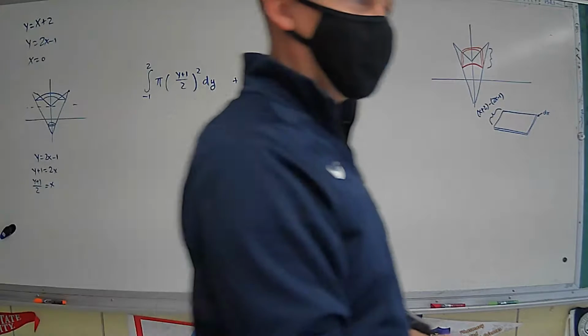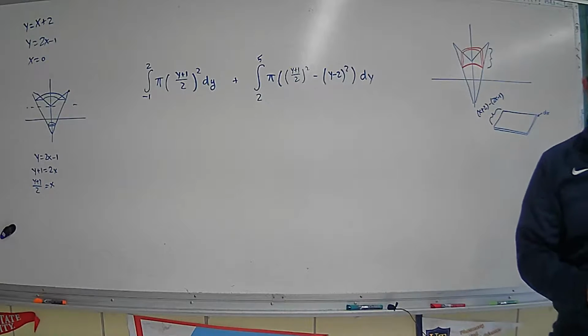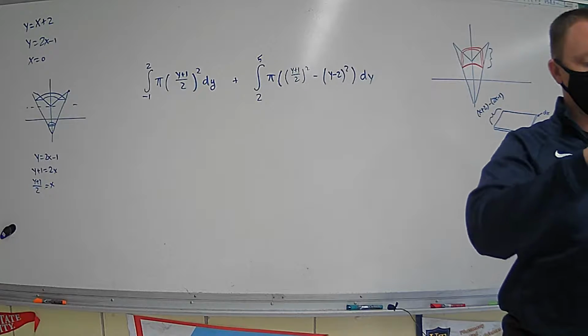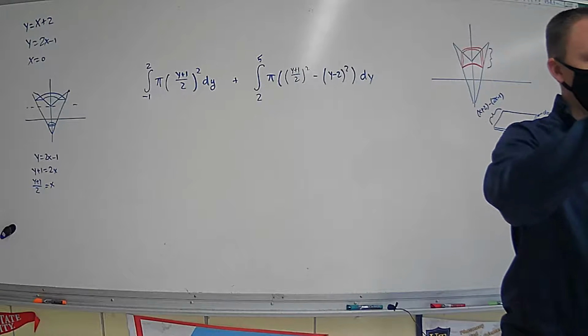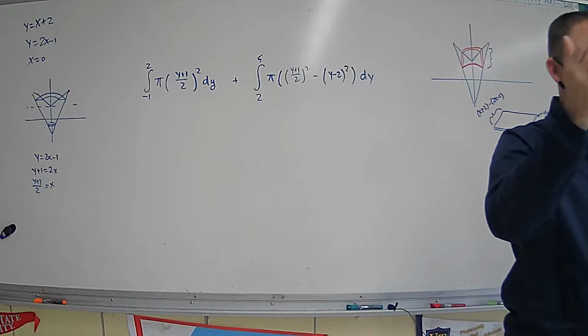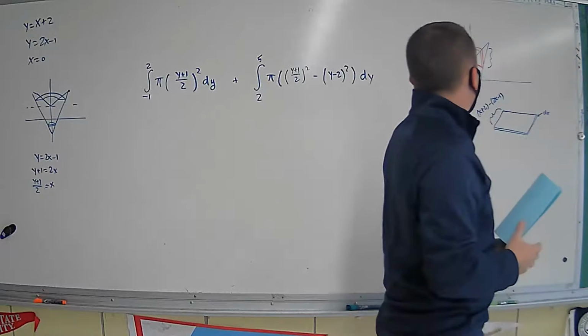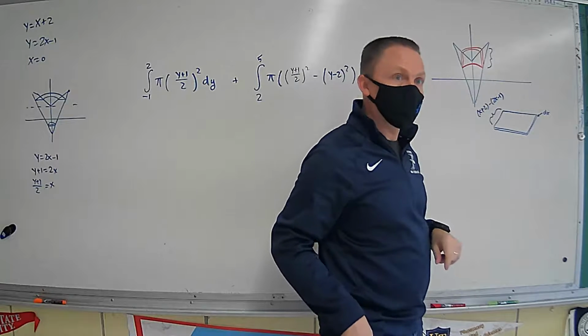Now the other length is the tough one. The other length comes from the circumference of the tube. So what is the circumference of a circle? It's 2 pi r. What is the radius of this tube?